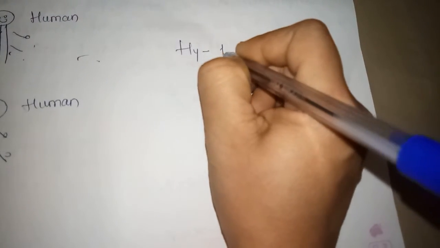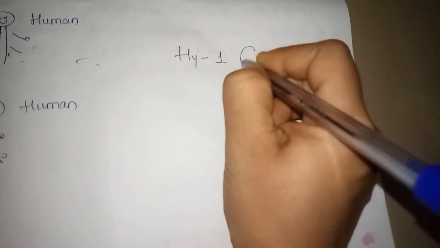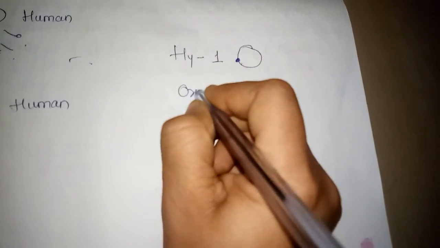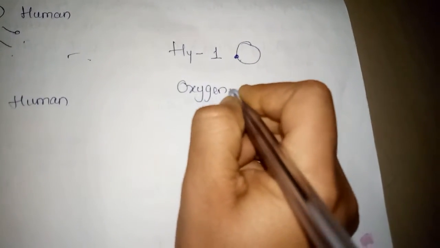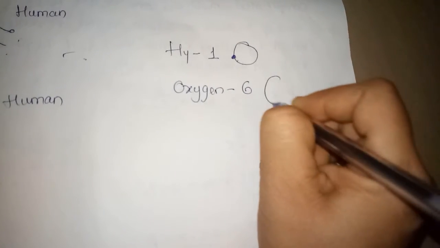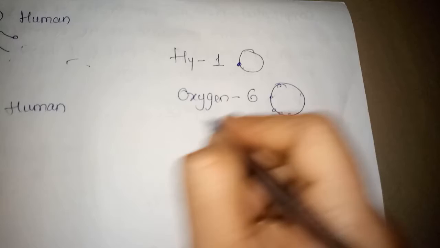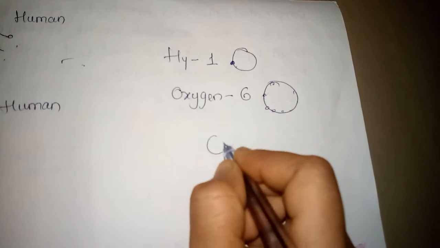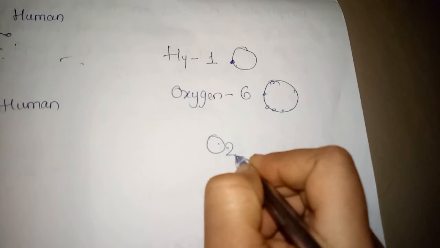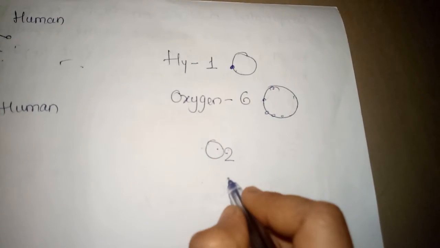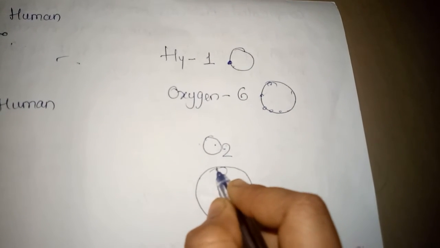In the same way, for example, hydrogen has a valency of 1. The outermost orbit contains only 1 electron, and oxygen contains 6 valence electrons in the outermost level. Now I can take oxygen, which requires 2 more electrons in its outermost orbit, because it contains 6.